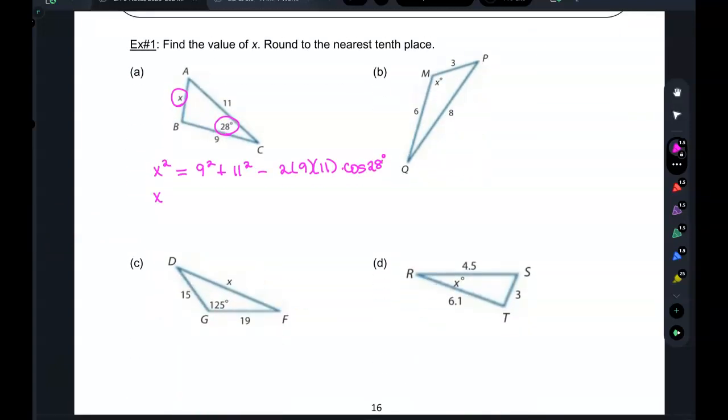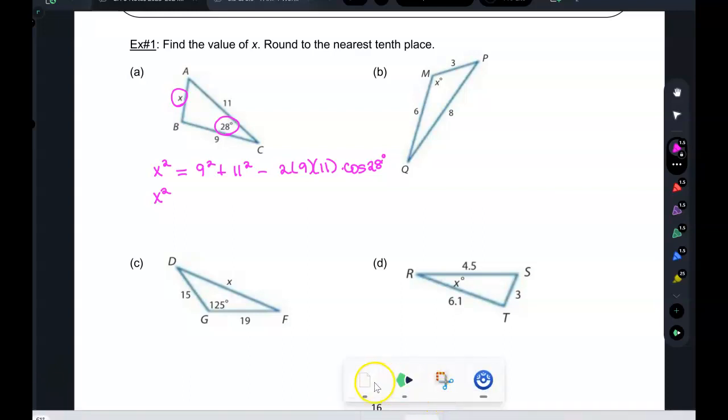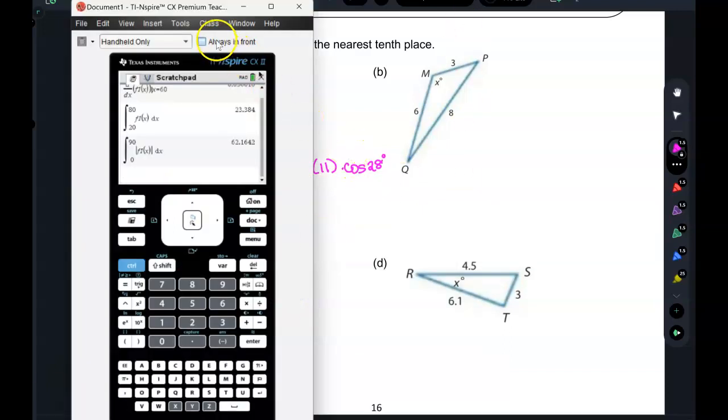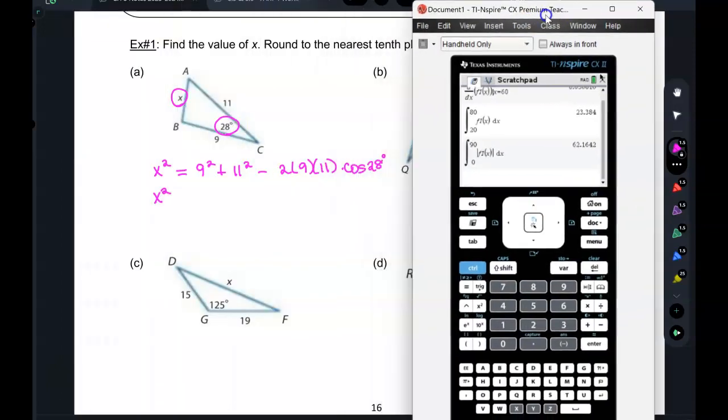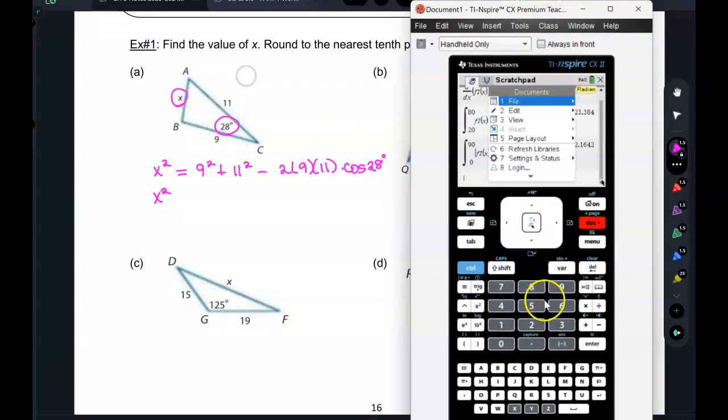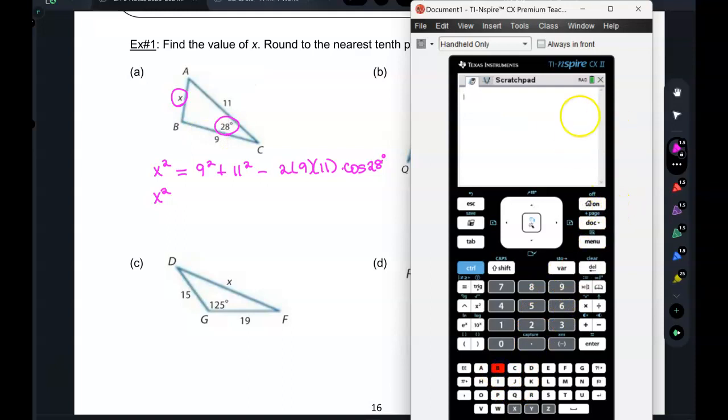Okay. Now, everything on the right side is just plugging into your calculator. Let me just clear my calculator. So here's what I'm going to do. I'm just going to type in 9 squared plus 11 squared minus 2 times 9 times 11 times the cosine of 28.